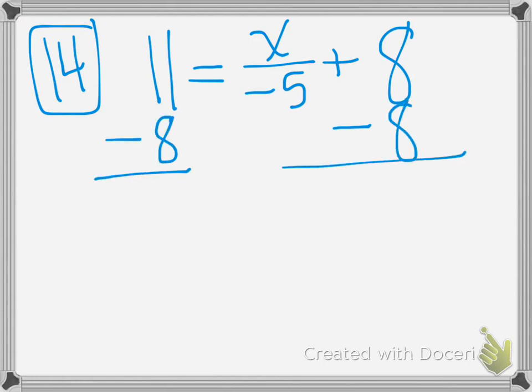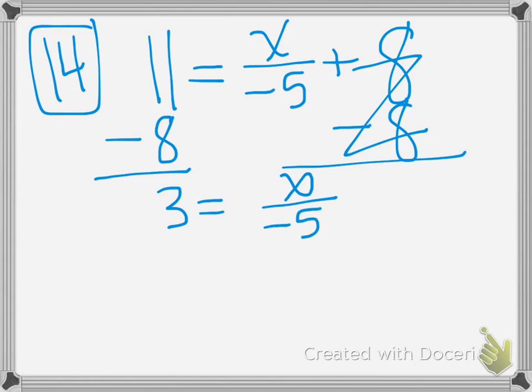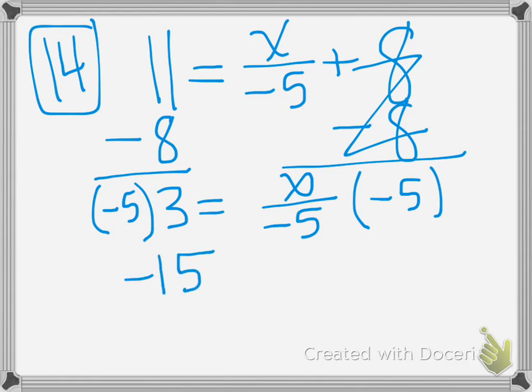I undo that by subtracting it. 11 minus 8 is 3. x over negative 5 on the right. Now, to get that x by itself, I want to multiply, do the opposite of divide. Negative 5 times 3 is negative 15. And those cancel, so I'm left with x. Negative 15 equals x. Almost done.